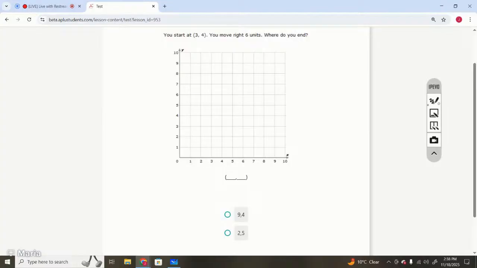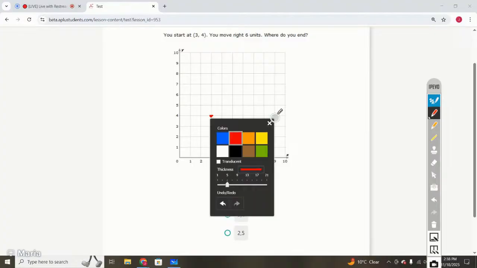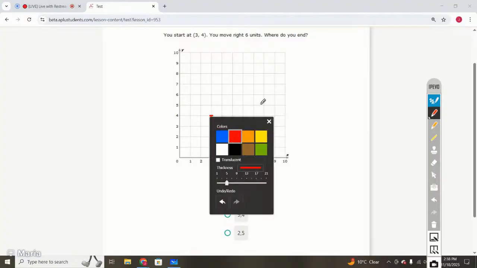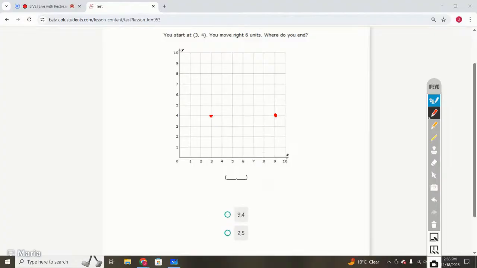You start at 3, 4. You move 6 points right. X is 3, Y is 4. You started from here. Move right 6 units. 1, 2, 3, 4, 5, 6. You end up here. So that is 9 and 4.